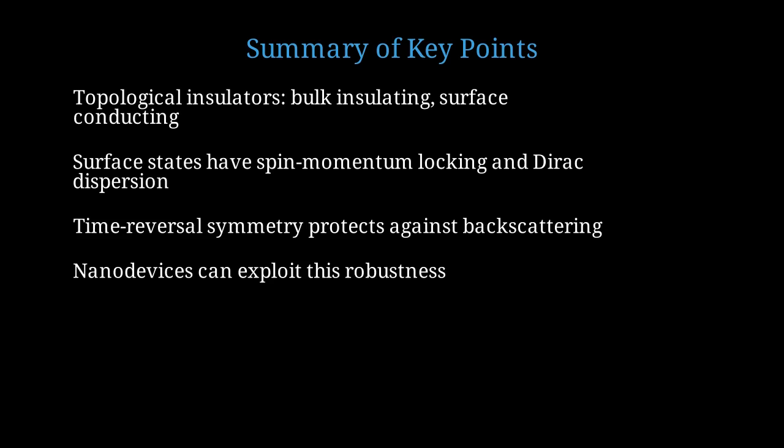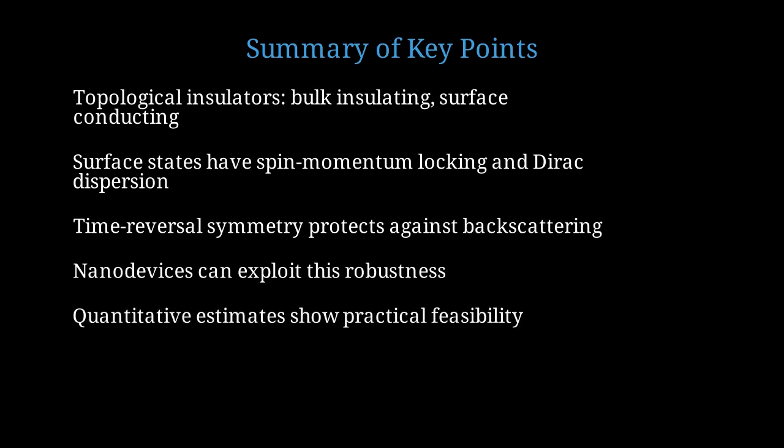Nanodevices can exploit this robustness for low-power electronics, spintronics, and quantum computing applications. The surface-to-volume ratio increases at the nanoscale, making topological effects even more prominent. Our back-of-the-envelope calculations show that topological surface states can carry substantial currents with mobilities exceeding 1,000 square centimeters per volt second. Mean free paths can exceed 1 micrometer even in the presence of disorder.